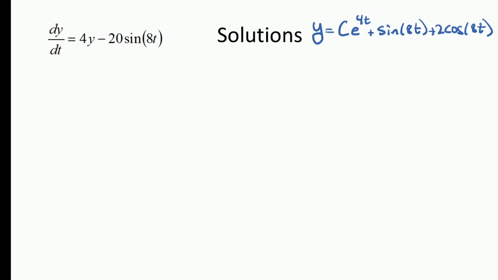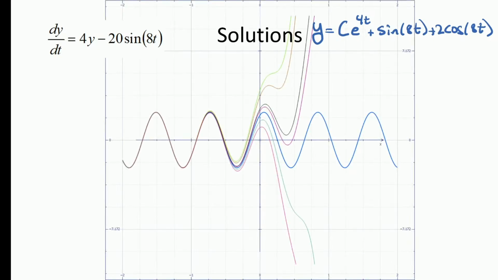And so if you graph this, picking a bunch of different numbers for C, here are the different solutions that you end up with. If C equals 0, that's this blue curve here. But if you let C equal 1, when the values of t get above 0, this thing will start to dominate the graph, and you start increasing quite quickly.